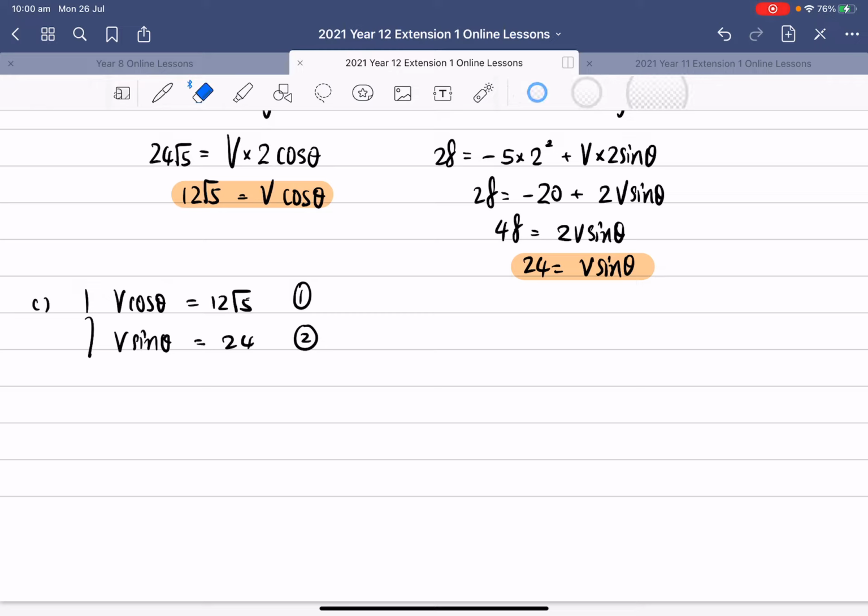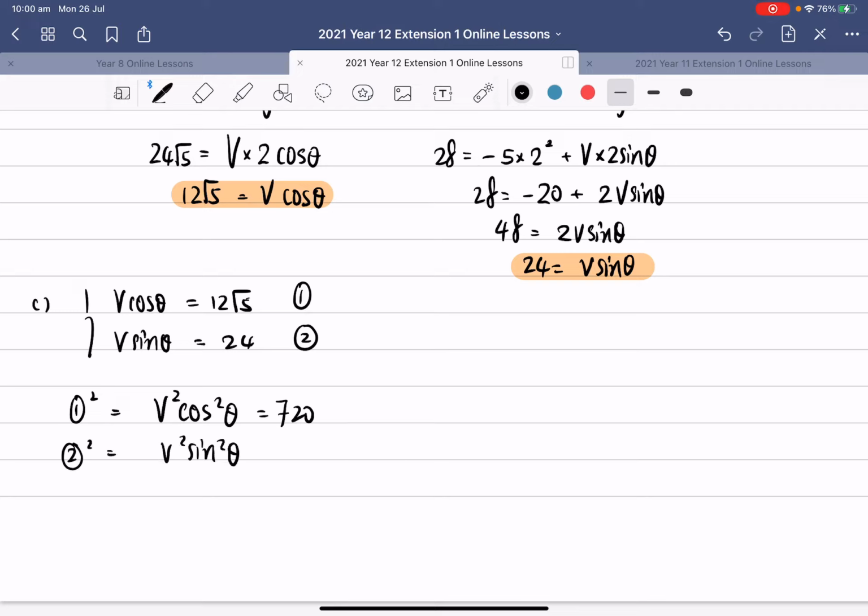So what we need to do is find out what v is, find out what theta is using a simultaneous equation method. All we have to do is square the first one, that's v squared cos squared theta, so we square 12 square root of 5. That's 720. And if we square equation 2, that's v squared sine squared theta is 24 squared. That's 576.